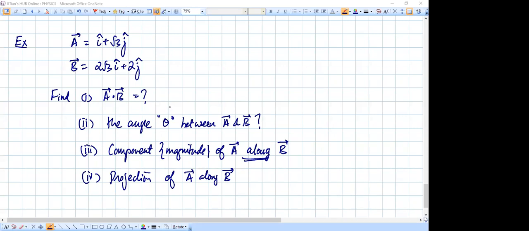Yeah, so A dot B kitna aega? A dot B should be coming out equal to 4 root 3. That is correct. And this should come out to be 30 degrees. So first of all, check if you're getting these two answers.